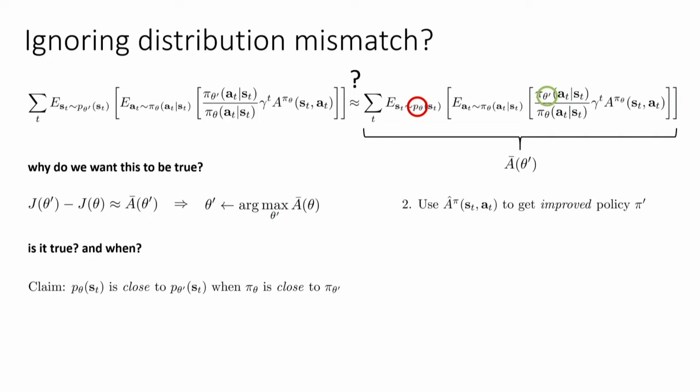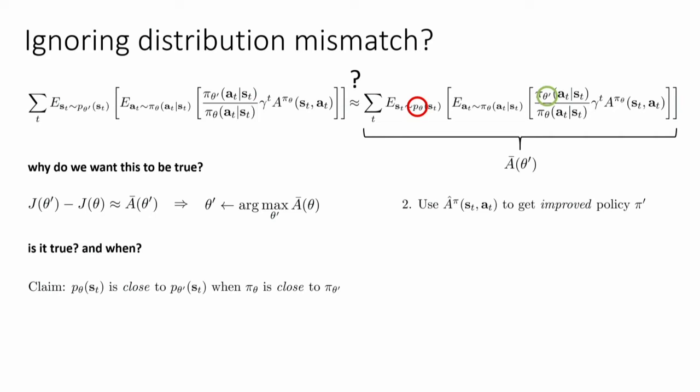But if we want to actually derive convergent, well-defined algorithms, unlike all this Q-learning business we saw before, we want to actually prove that this is true rather than merely asserting it. It's not quite as trivial as it might seem, because while it's obvious that the state marginals of two policies are the same if those policies are the same, once the policies begin being different from each other, it's not at all obvious that they land in the same state.